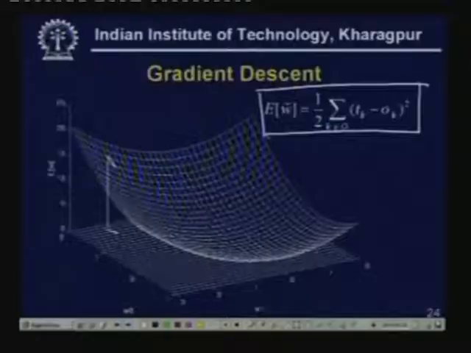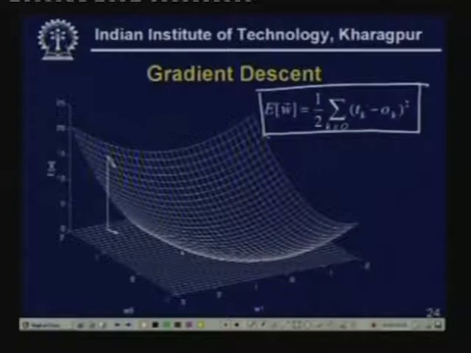Now, our objective is, you see, when we start, we have a particular set of weight values. Suppose this is our current weight value. We want to find that combination of weights for which the error is minimum. So, we want to reach this combination of weight values, and we have started from this place in the error surface.